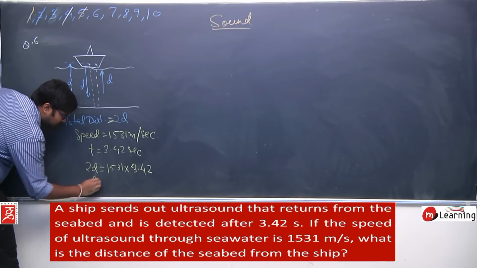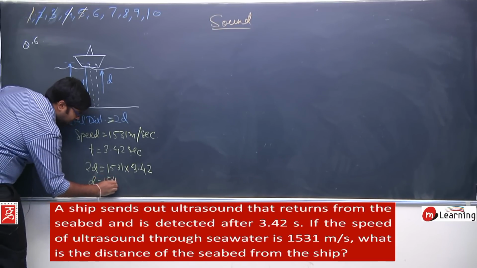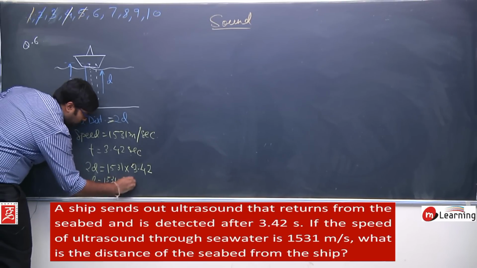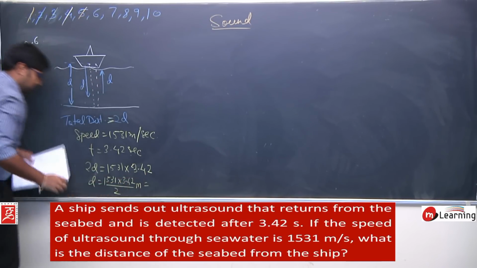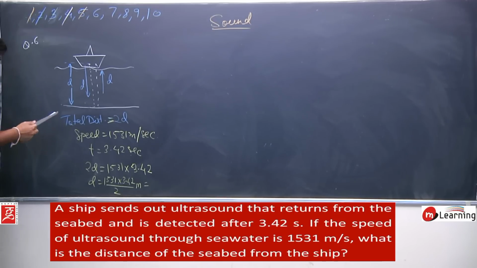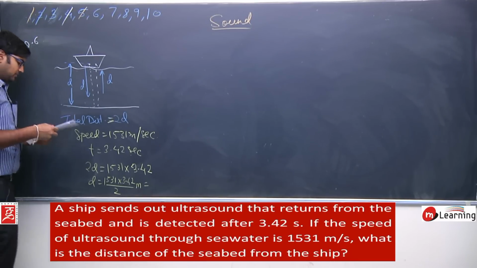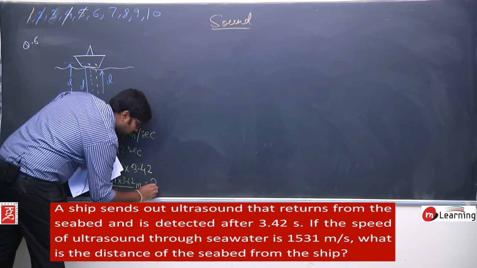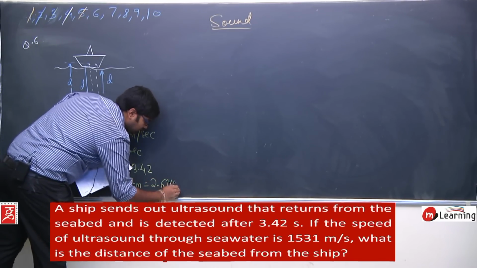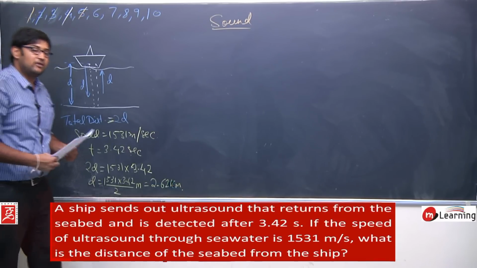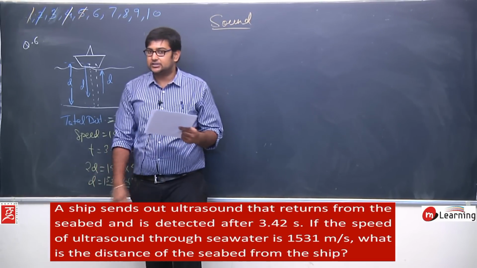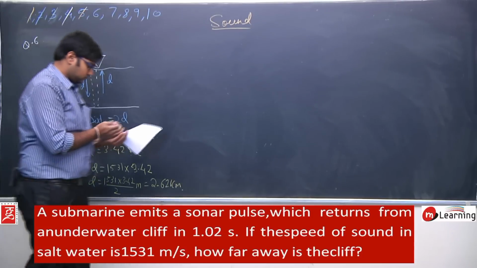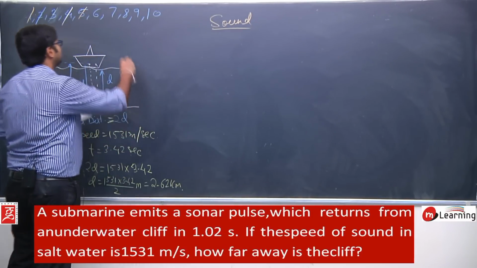So the distance will come out to be 1531 into 3.42 upon 2 meters, and when you solve this, this will come out to be 2.62 kilometers. This is just basic solving: you calculate the value and you will get the answer. So we have solved question number 6.